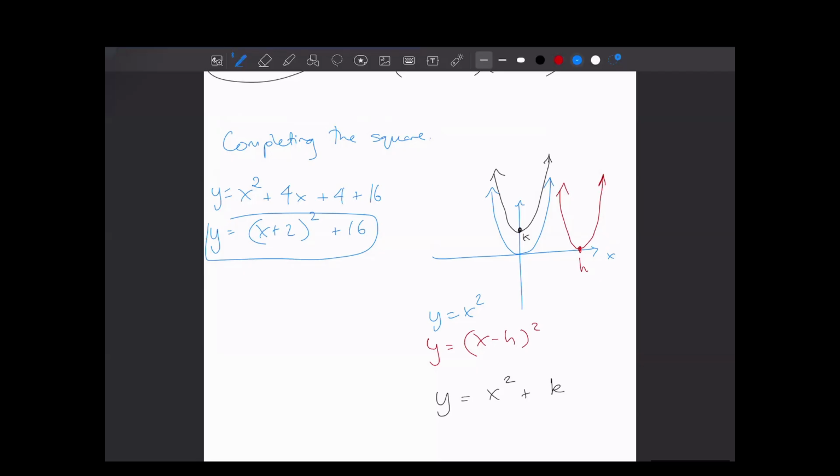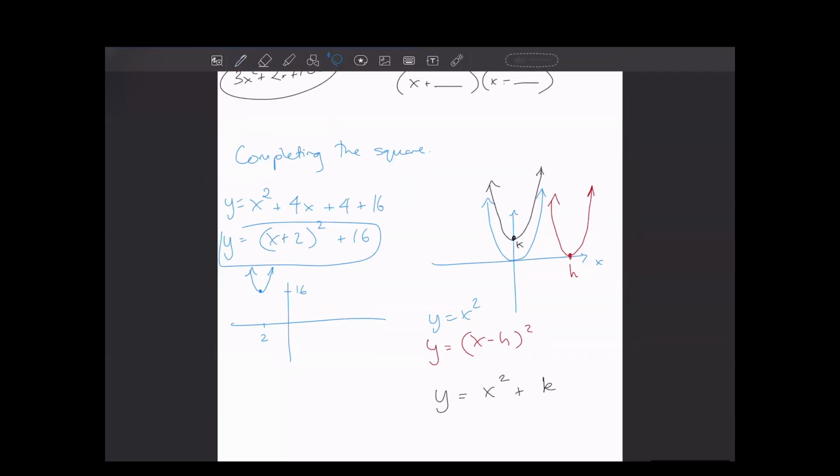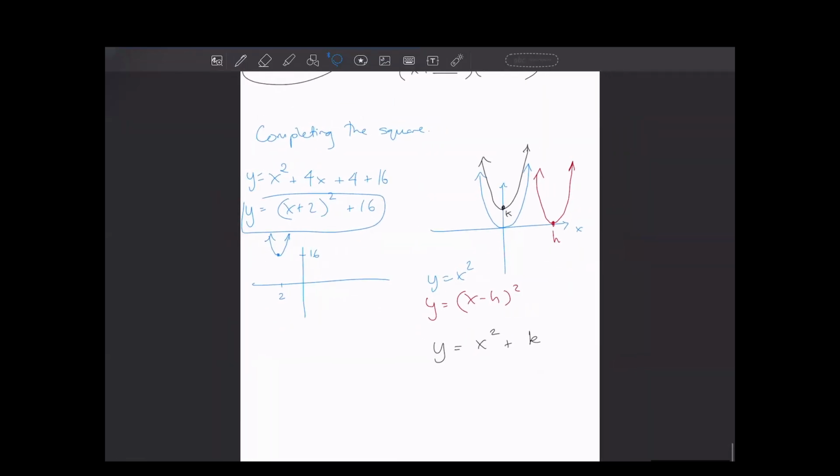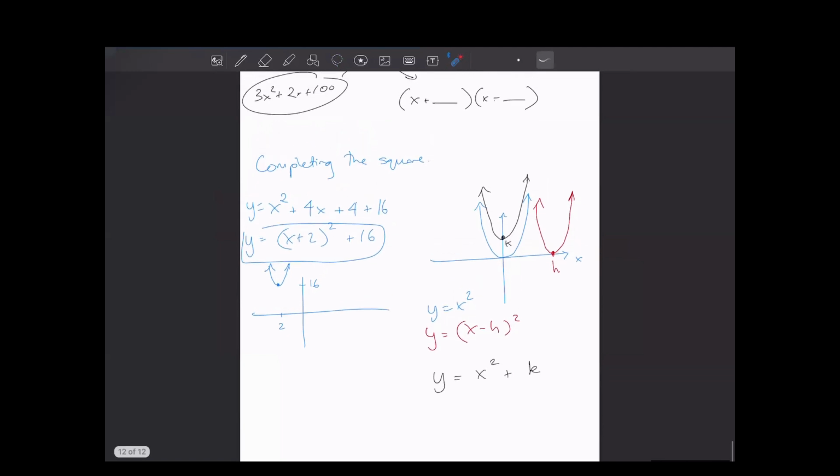So I know instantly it's going to start here, and then I'm just going to draw it like that. Does that make sense? Yep. So that's the advantage of turning point form, and that's the initial reason why we want to do completing the square.